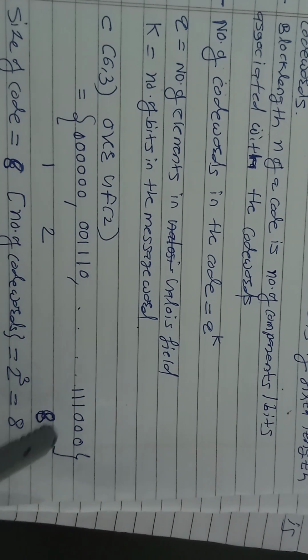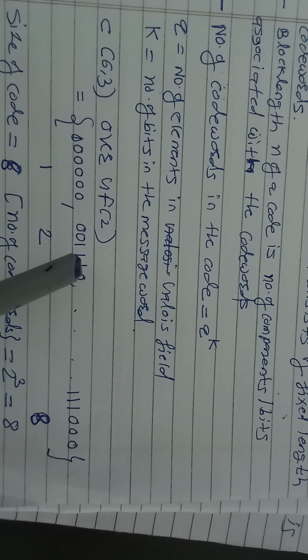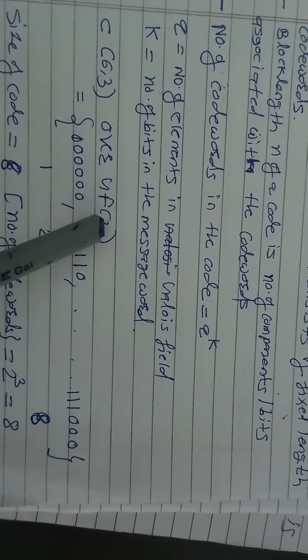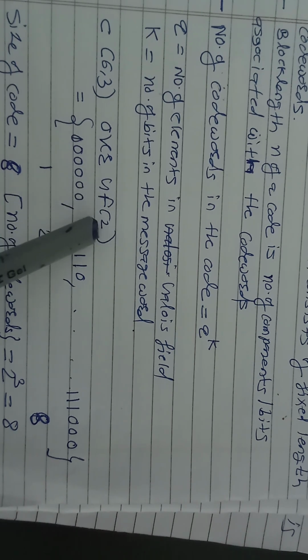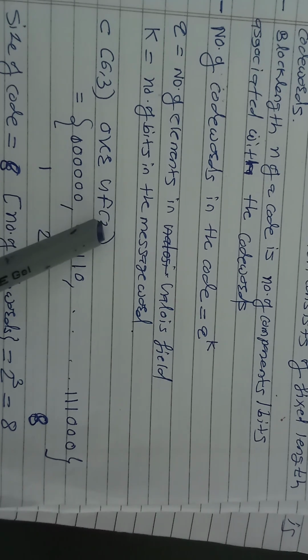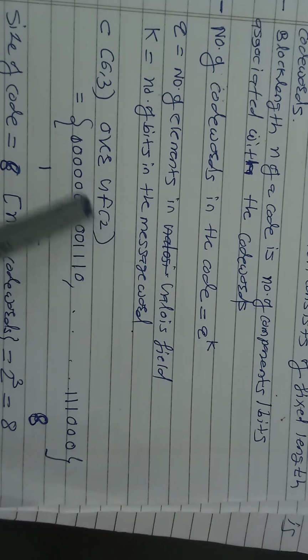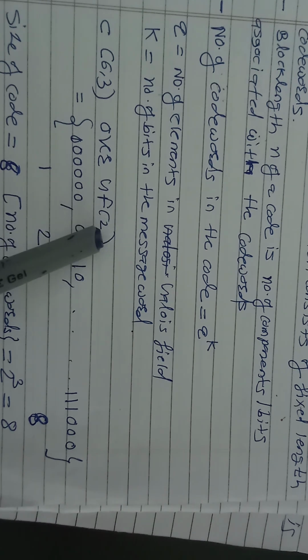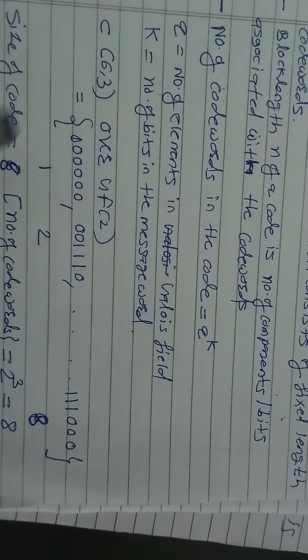The number of code words in a code you can calculate by seeing how many elements are there in the Galois field. In Galois field 2 there are 2 numbers, 0 and 1. In Galois field 10 there are 10 numbers, 0 to 9.